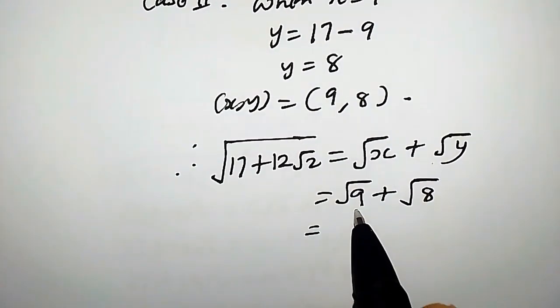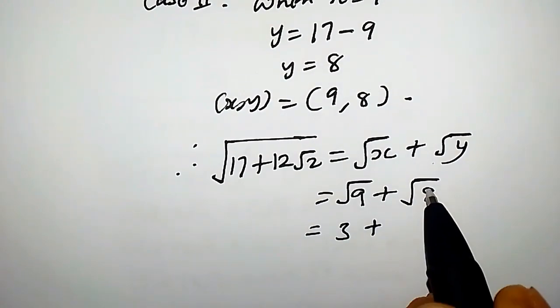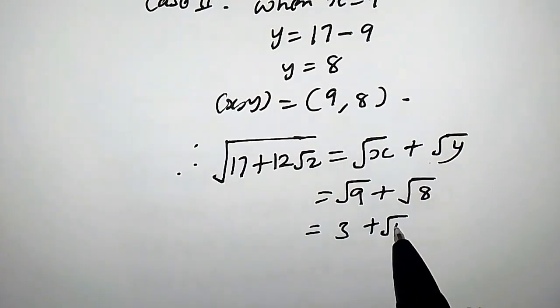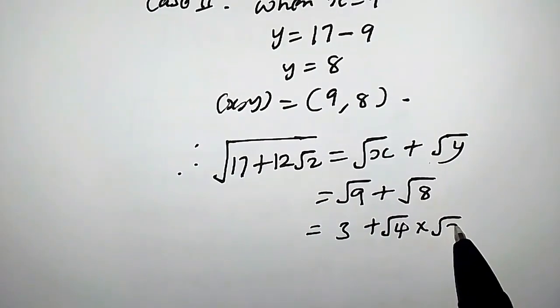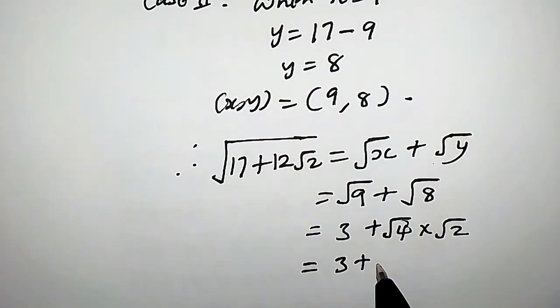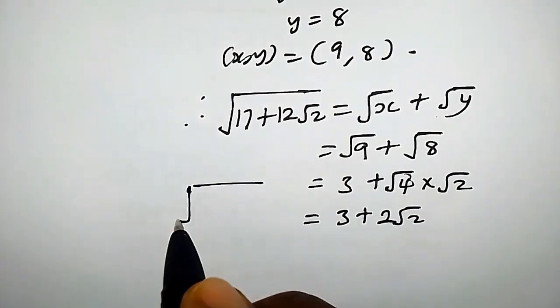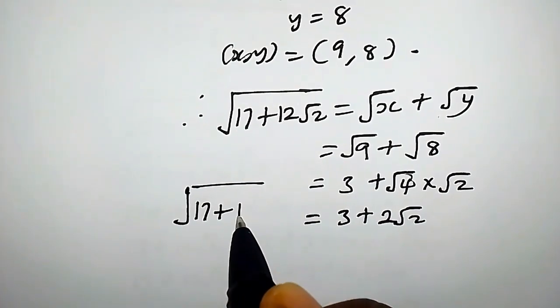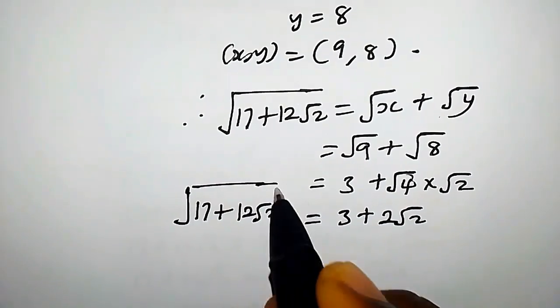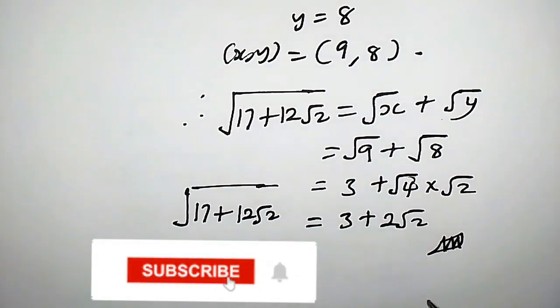So this equals square root of 9, that's simply 3, plus square root of 8, which could be written as square root of 4 times square root of 2. So this gives 3 plus square root of 4, that's just 2, times square root of 2. So square root of 17 plus 12 root 2 equals 3 plus 2 root 2, which is the required solution. So that's it.